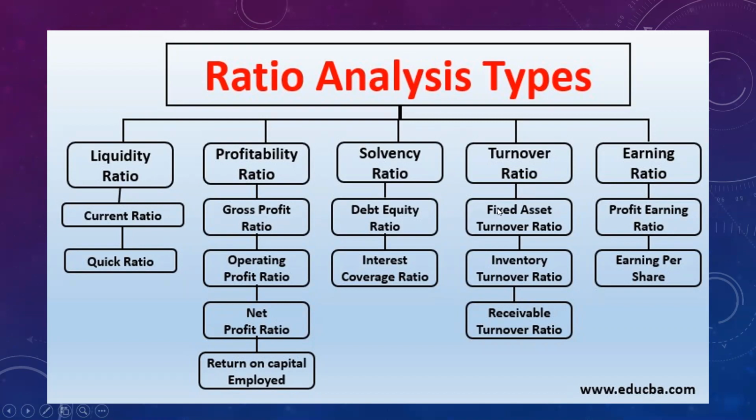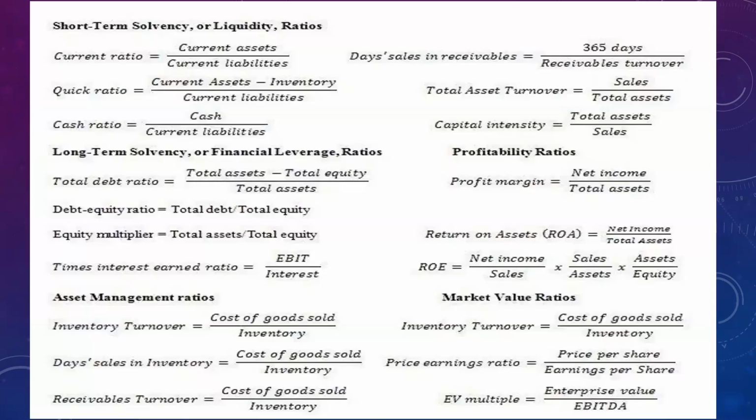So we have to remember the formula of liquidity ratio and the solvency ratio. Here are the formulas. First is solvency, also called liquidity ratio. We have current ratio, where current assets divided by current liabilities, and quick ratio is current assets minus inventory divided by current liabilities. In leverage ratio, we have total debt ratio, total assets minus total equity upon total assets.